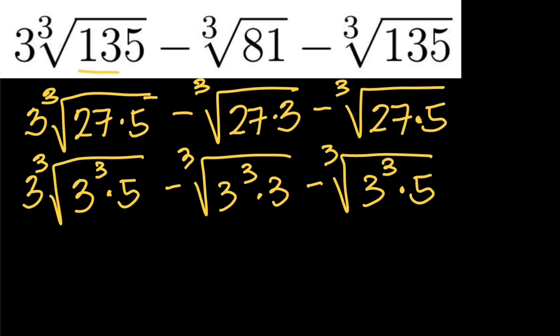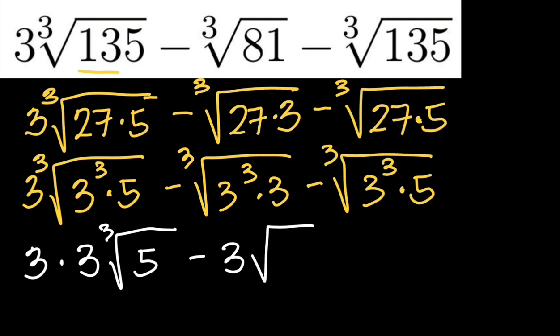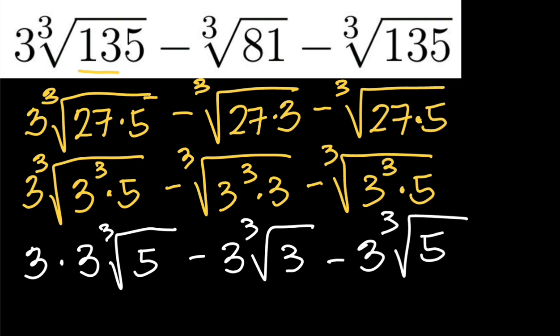Then we get the cube root of the radicals. So this is just 3 times 3, because cube root of 3 cube is 3, cube root of 5, minus 3 cube root of 3 minus 3 cube root of 5.